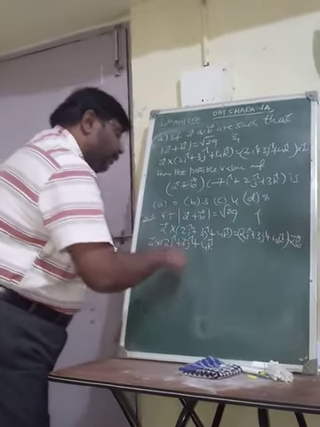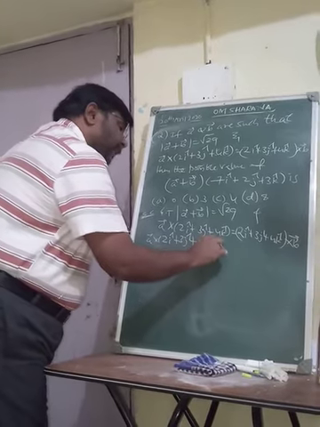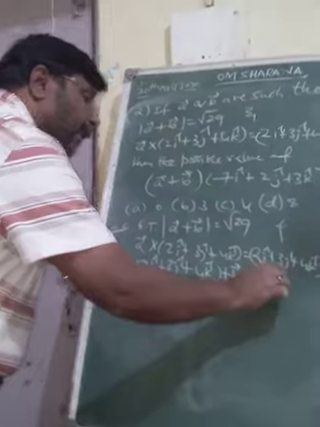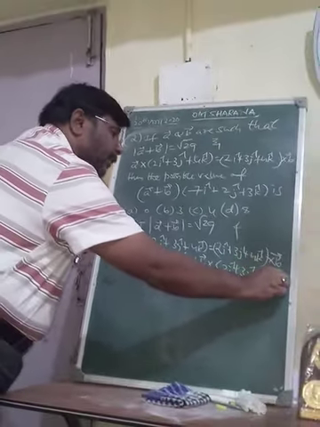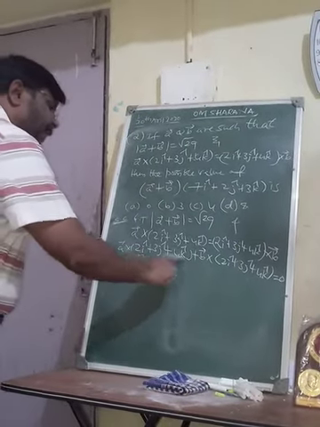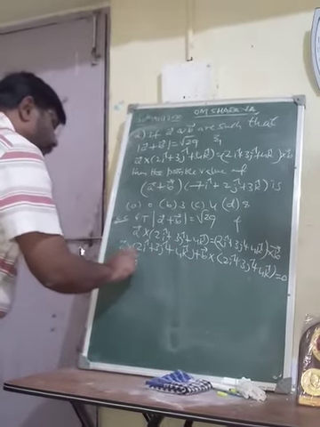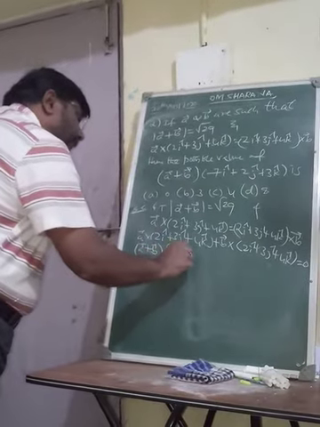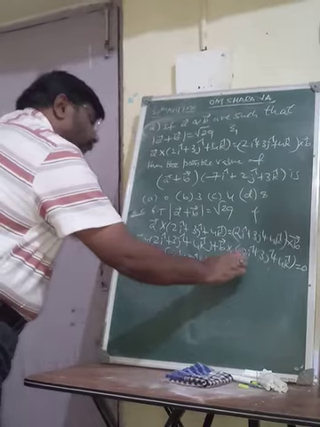If you bring the entire term to the LHS, it will be plus B cross 2i cap plus 3j cap plus 4k cap equal to 0. Now, this factor is common. You can take this common. Vector A plus vector B cross 2i cap plus 3j cap plus 4k cap is equal to 0.